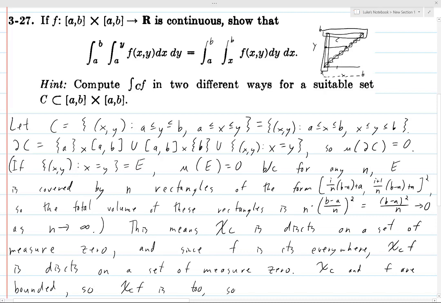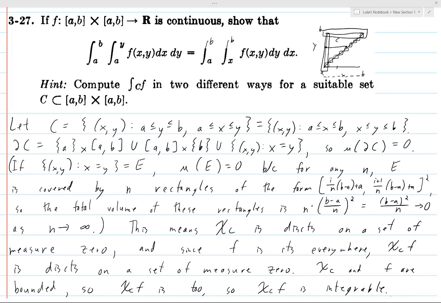And so, because these are bounded functions, chi C times F is integrable. Because the fact that having a set of discontinuities of measure 0 is equivalent to integrability is only true for bounded functions.